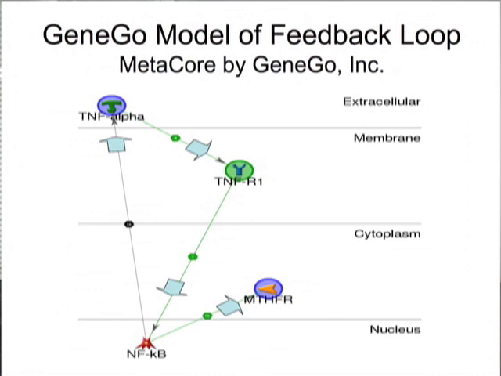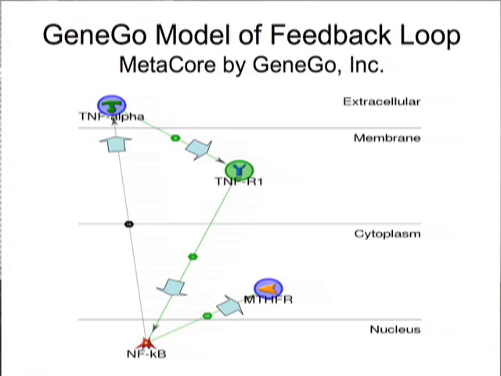TNF is also called TNF alpha, and I asked GeneGo to give me a network. It actually gave me several, but the highest scoring, the most significant network, was this very simple one with just 4 genes in it. The way that this network works is TNF alpha, as I mentioned, is a signaling molecule.